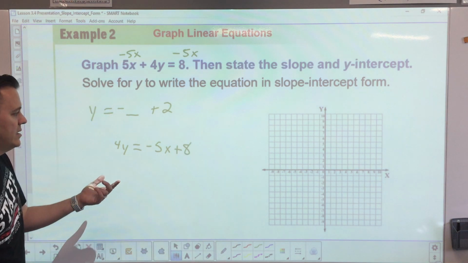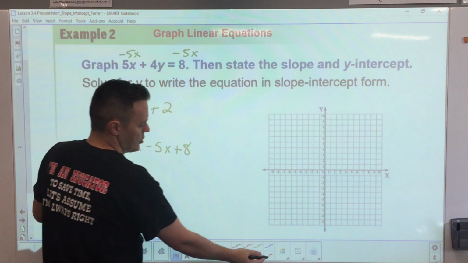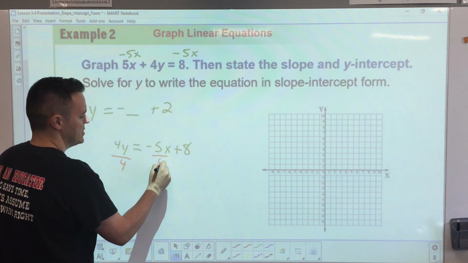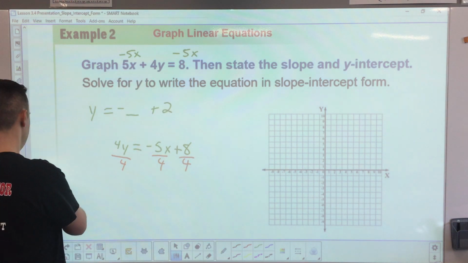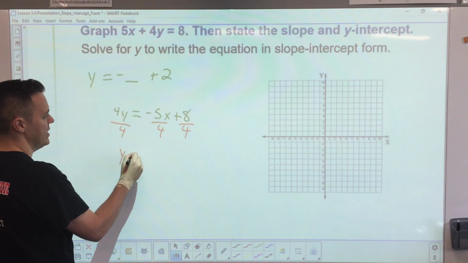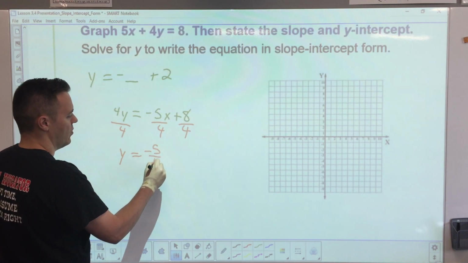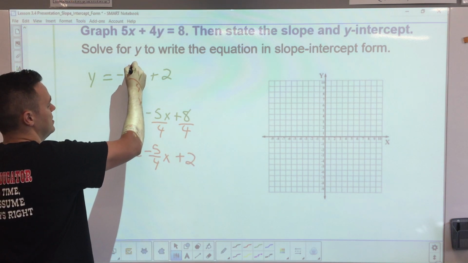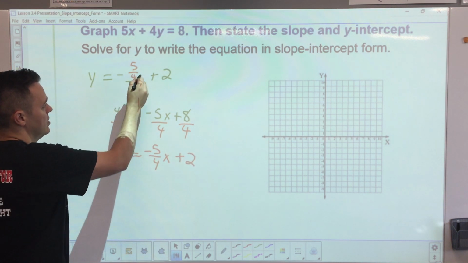And then you would do what? Isolate the y, so you're going to divide everything by 4, this by 4, and that by 4. And you'd end up with y equals -5/4x, you can't reduce that, plus 2. So ladies and gentlemen, there is my slope.